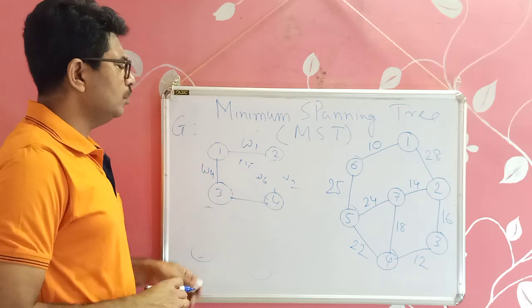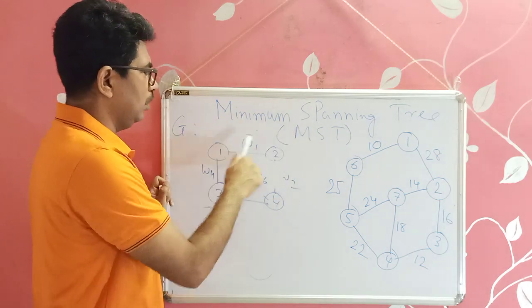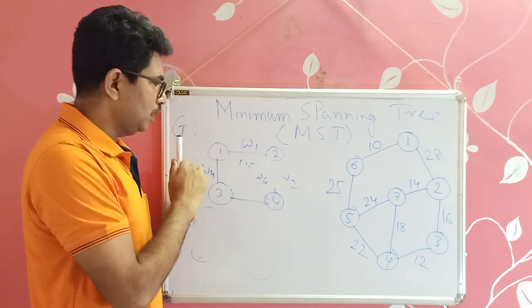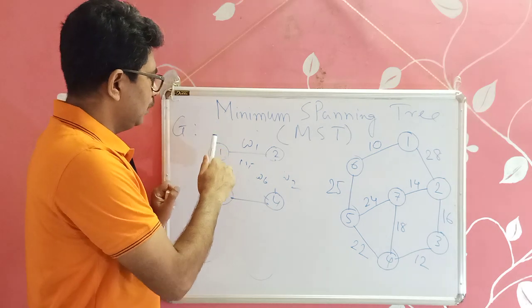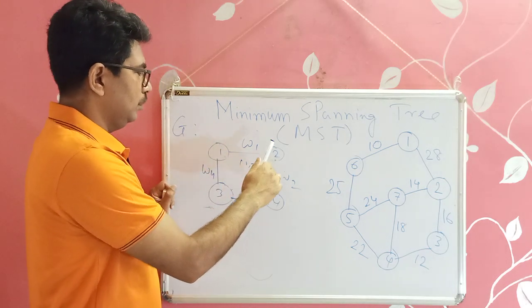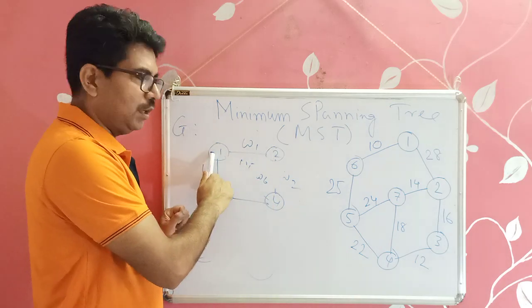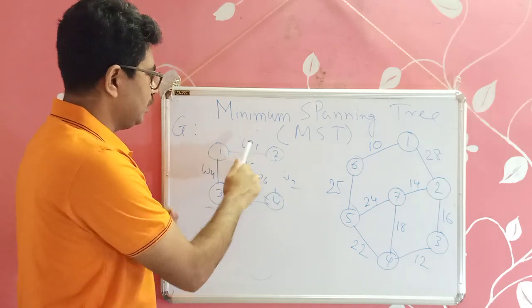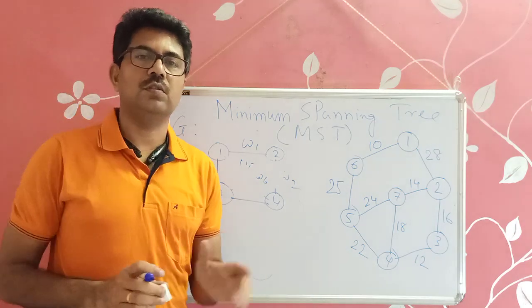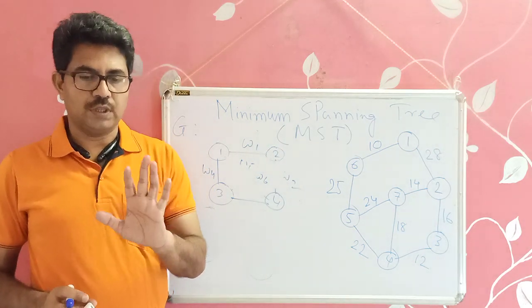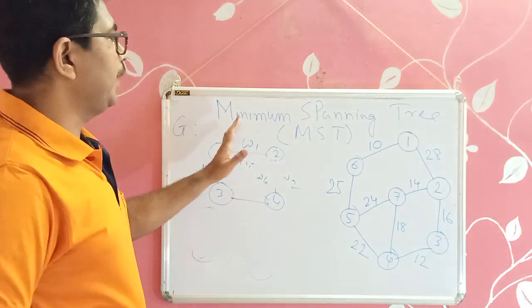Okay. So here if you see, spanning tree means all vertices are connected, right? So we have to find the connected graph with no cycle such that the total cost or total weight is minimum. So that is the problem of finding the minimum spanning tree.